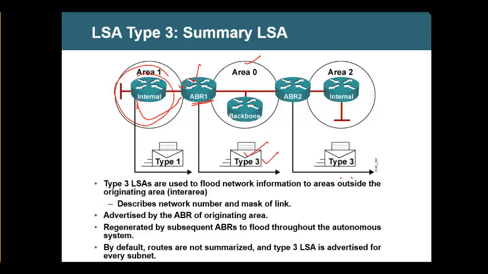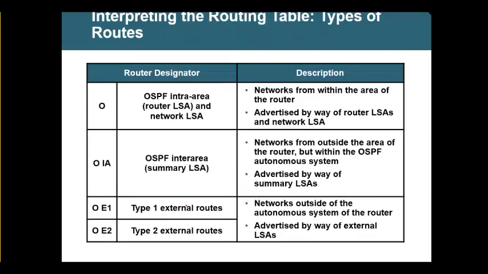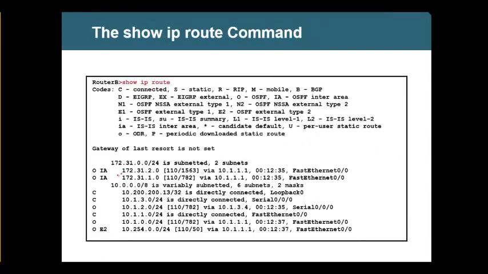Yes, this type 3 is flooded outside the area from where it is originating. Inter area. Even if you check the routing table, you will have IA. This IA, what does it mean? These networks are coming from a different area, not the area to which this router belongs.